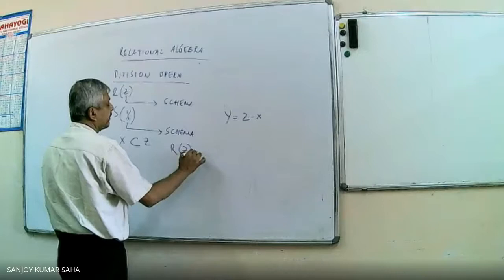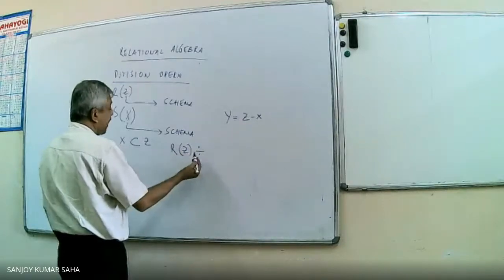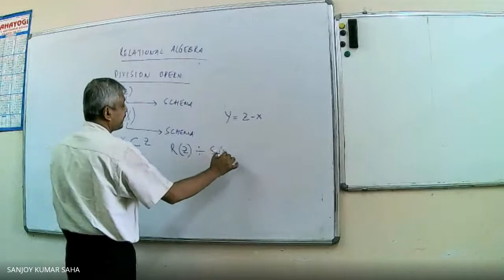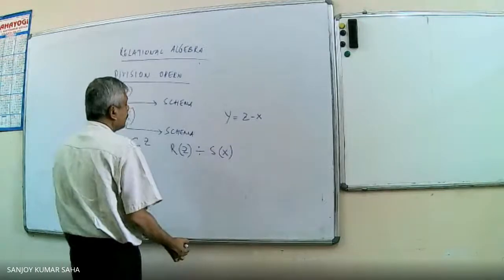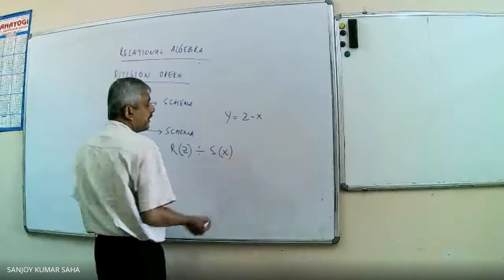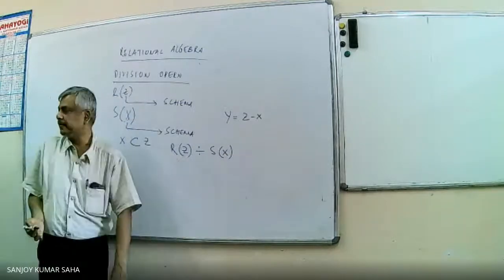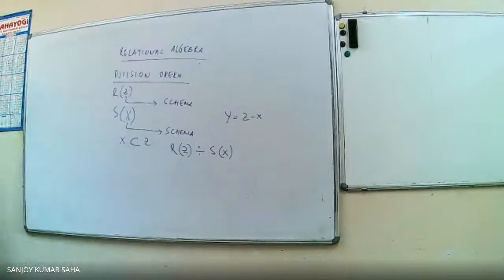If we write R(Z) or simply R divided by S(X), it gives a relational algebra operation that results in another relation.